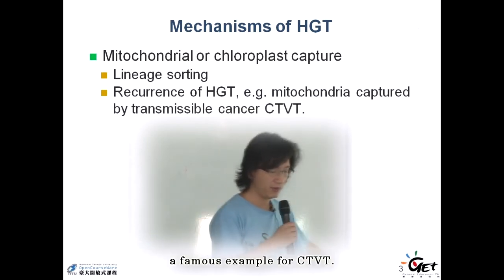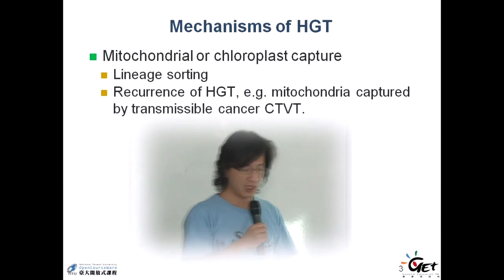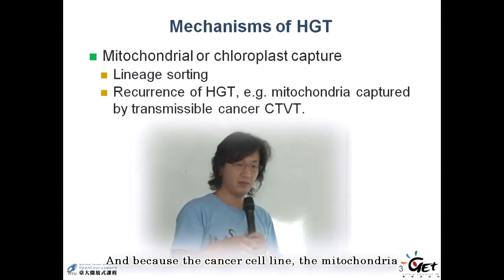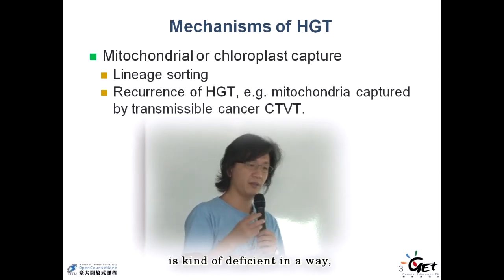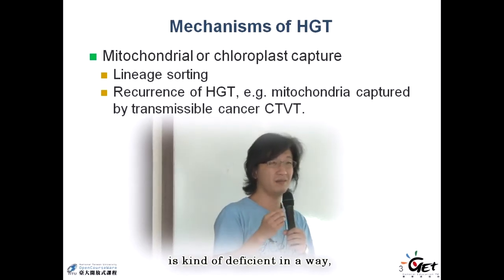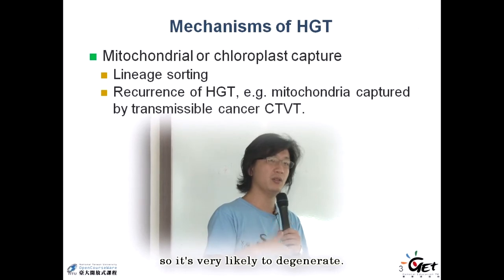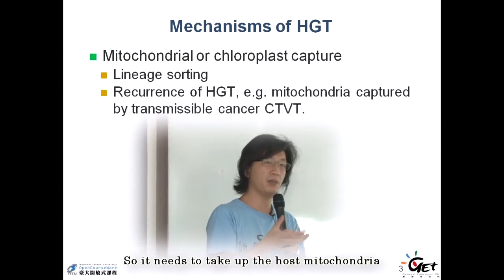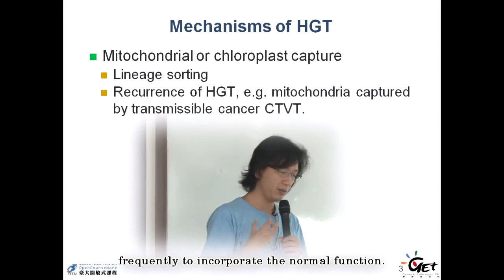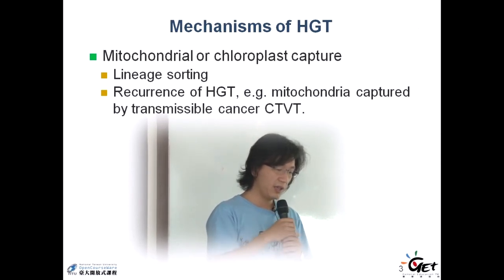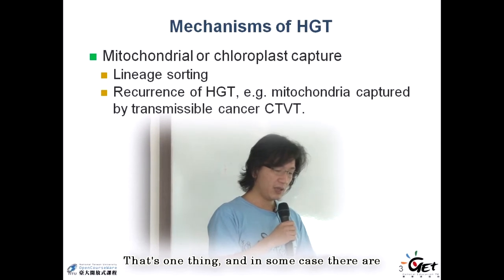This is a famous example, CTVT. Because in the cancer cell line the mitochondria are kind of deficient, they are very likely to degenerate. So it needs to take up host mitochondria frequently to incorporate the normal function. That's one thing.